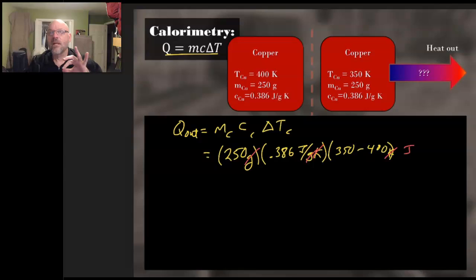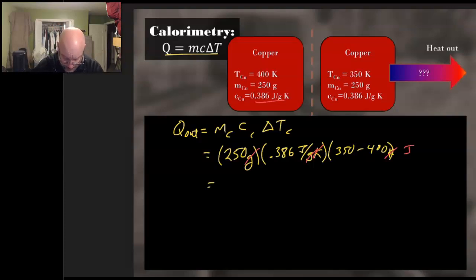The reasons for that are historic, and we don't need to go into them, and they don't really matter. But nonetheless, make sure you're in grams when you do this kind of thing, because these values for these coefficients are always listed this way.